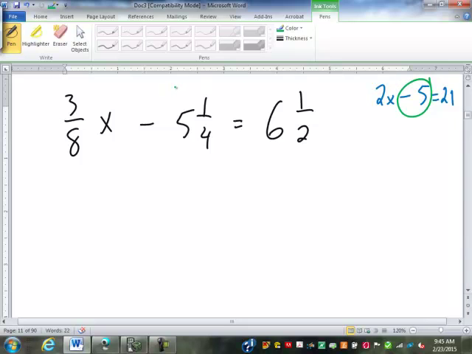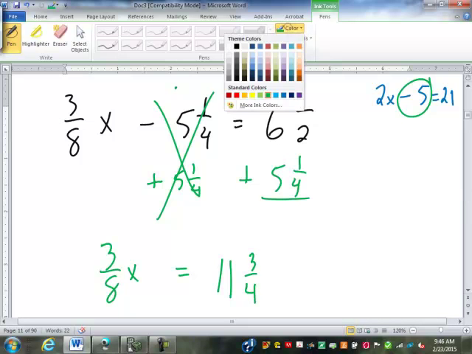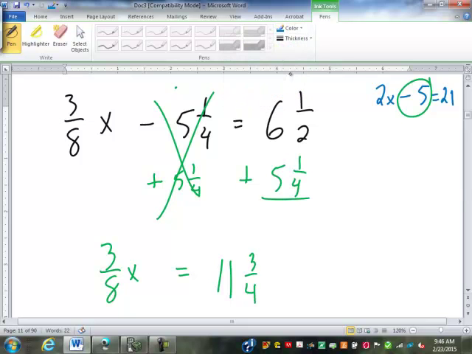Same thing's going to happen over here. Only over here we're going to have to add the 5 1/4. Make that go away, leaving us with 3/8 x over here. But we do have to add 5 1/4 on the other side as well. So 6 1/2 plus 5 1/4 is, I'll let you practice punching it in. Should be 11 3/4. That sounds better, yeah.